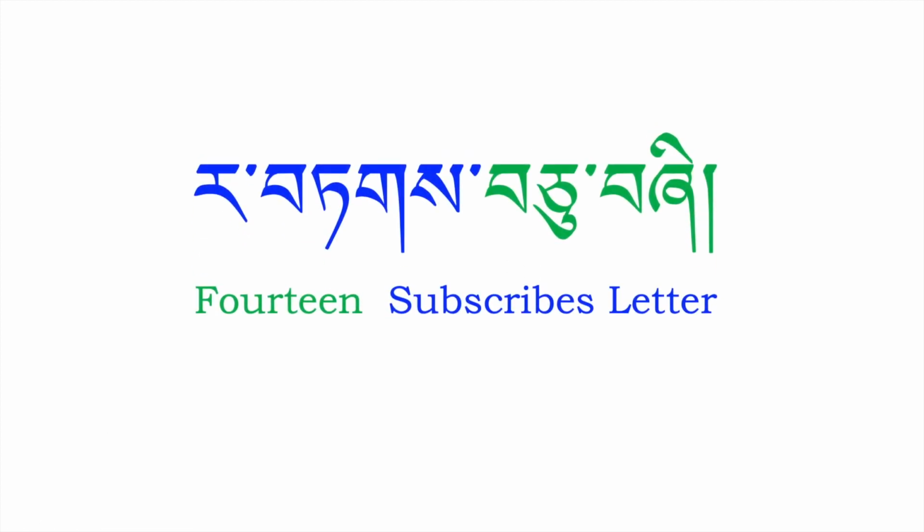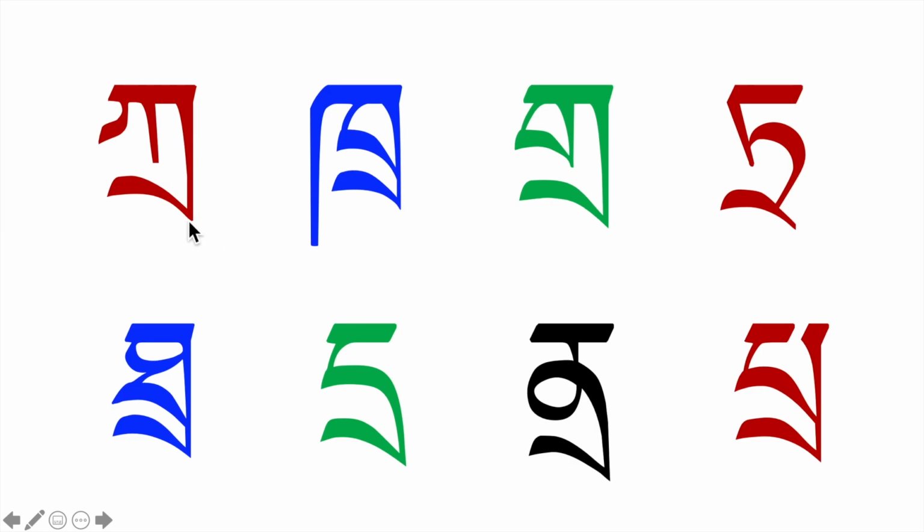Okay, let's start reading Ratak Jupshi, the 14 subscribed letters. Ka rata ta, ka rata ta, ga rata da, ta rata ta, ta rata ta, ta rata ta, na rata na, pa rata ta.